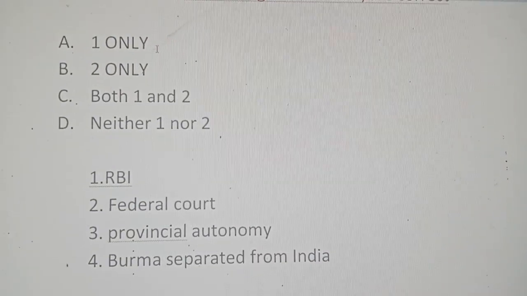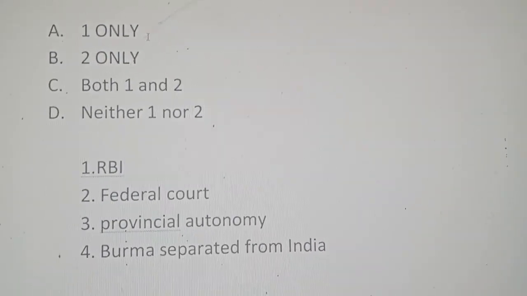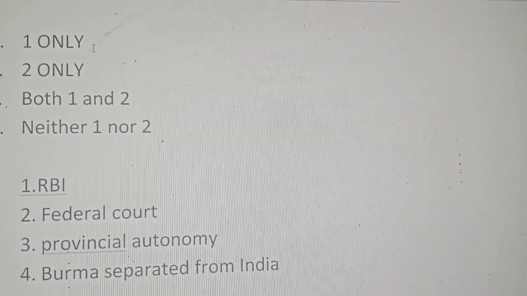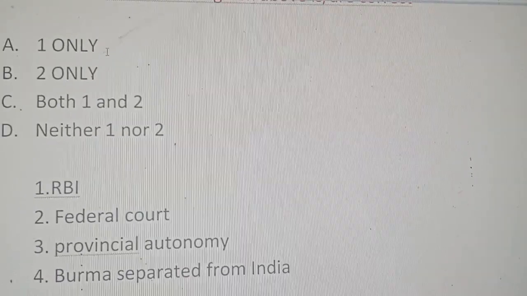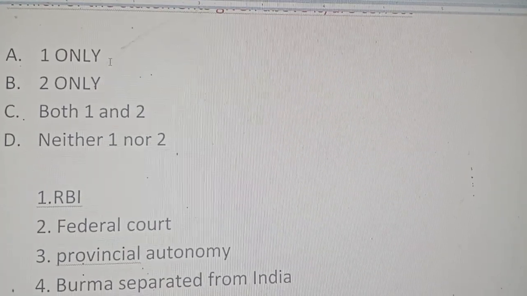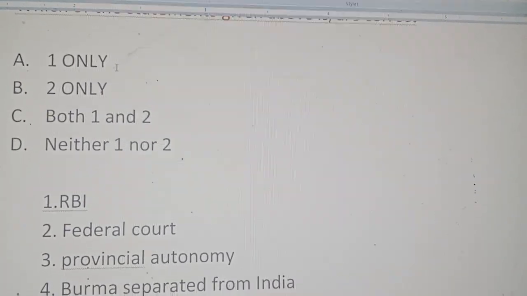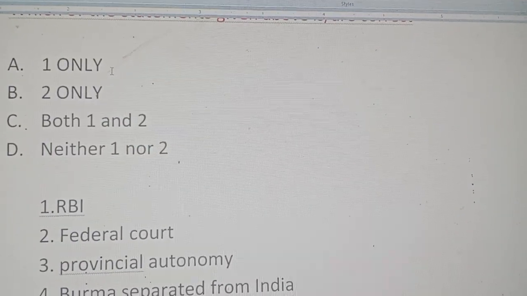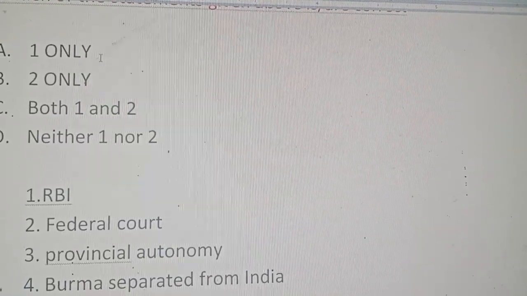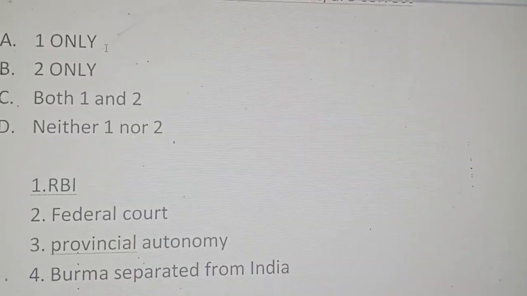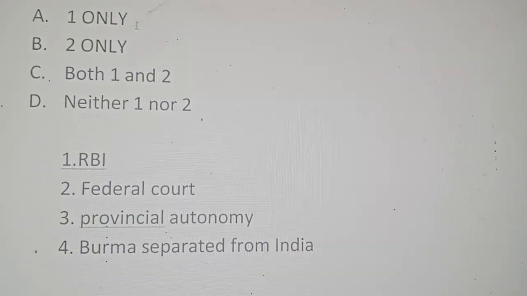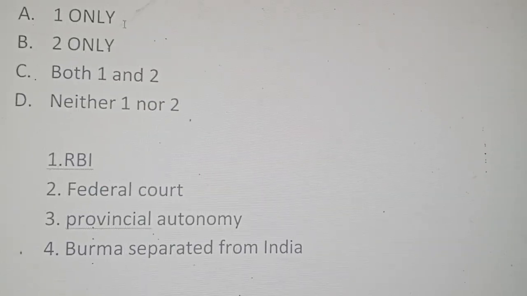Provincial autonomy was provided by this act, but real autonomy was limited. Communal awards and separate electorates further divided Indian society. The act allowed Indian leaders to form provincial governments.